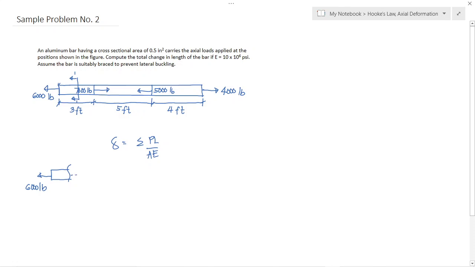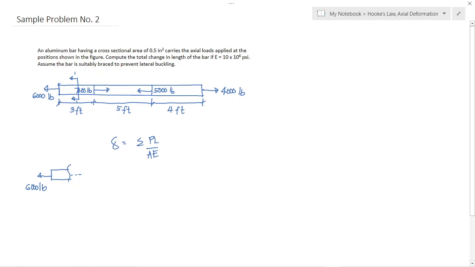Now, what is the internal force dito sa segment na to? Dito sa portion na to ng aluminum. Itong 3 feet aluminum kasi ano siya, pinagdugtong-dugtong. Then may application of load dito sa portion nito, 3 feet from the leftmost part of the aluminum. Kaya meron diyang hati class. So, i-consider natin dito, before siya maka-encounter ng another load, itong continuous na to, then cut tayo dito, consider the left part.